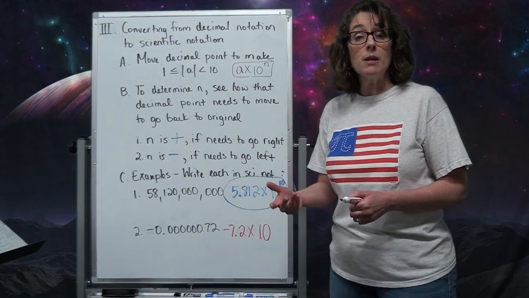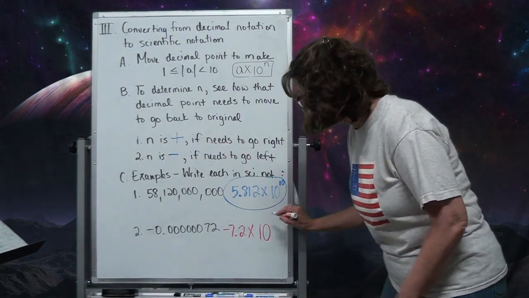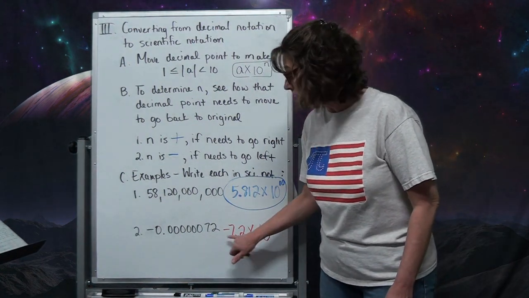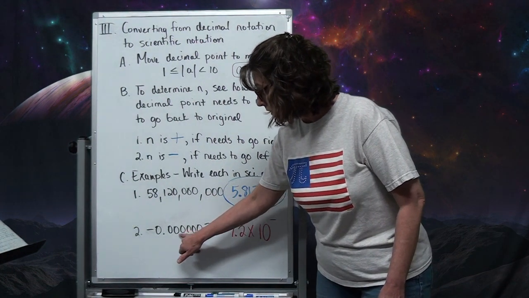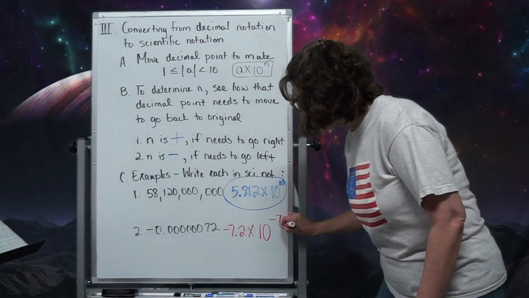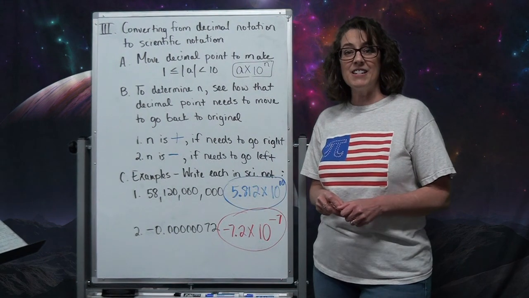And recall, like we said before, anything to the left on the number line is going to be negative. So that gives me a negative exponent. How many times does this need to move to the left? Well, it needs to go back 1, 2, 3, 4, 5, 6, 7 times. So that means I have an exponent of negative 7. And there it is in scientific notation.